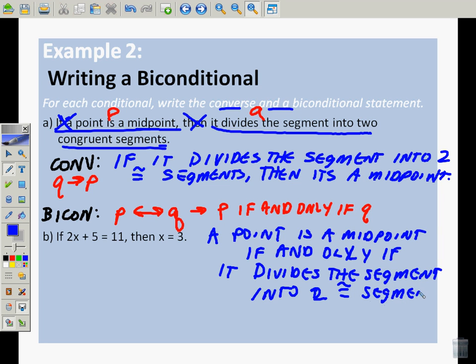Here's my key. Guys, here's my key right here. It's got to have the if and only if. This is a true biconditional. Okay? See what you can do with the next one. I'm going to go ahead and roll straight through it. So, crossing out my unnecessary information, underlining pertinent information, labeling P and Q, and I'm going to write the converse.